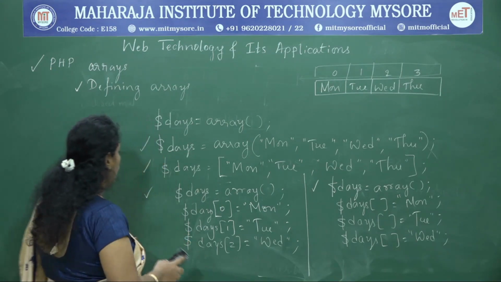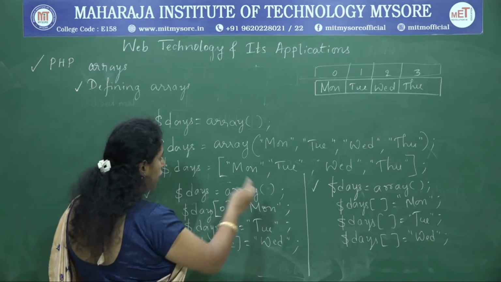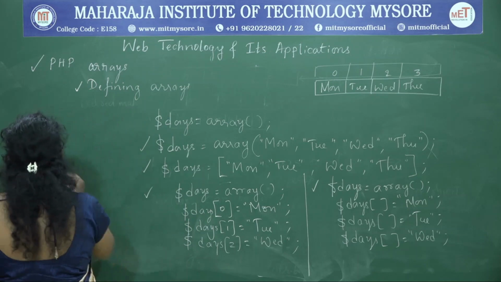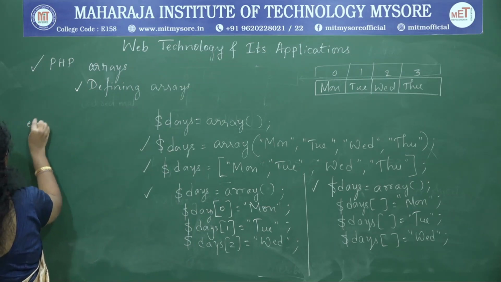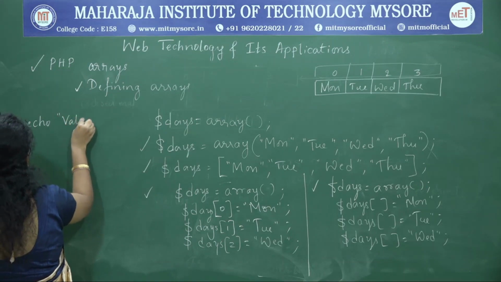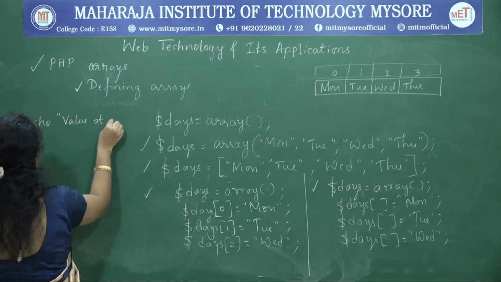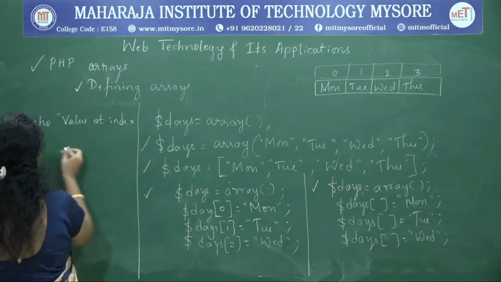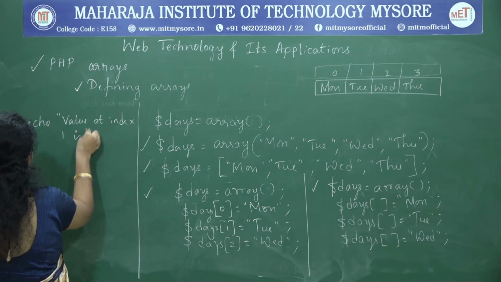Okay. Now assume I want to print the content of an array. How to access it? For example, I can say echo value at index 1 is.